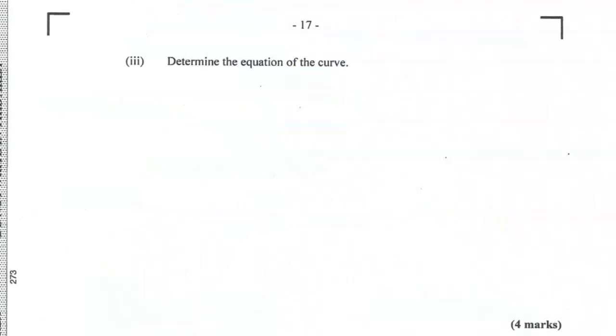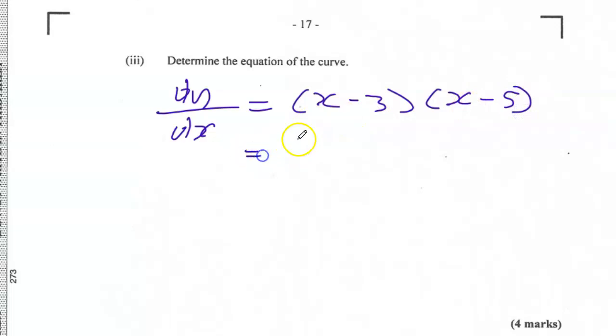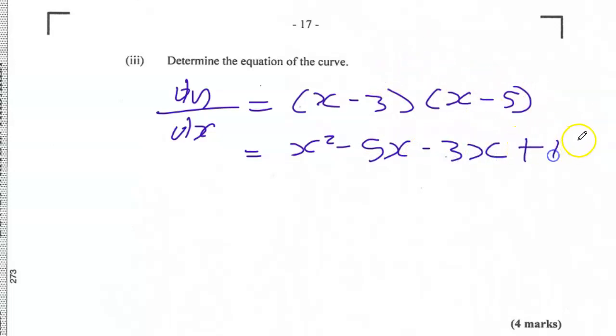Next, we're asked to determine the equation of the curve. Let's remind ourselves what dy by dx was. dy by dx was equal to x minus 3, x minus 5. If I expand this, this is x squared minus 5x minus 3x, and minus 3 times minus 5, that's positive 15.